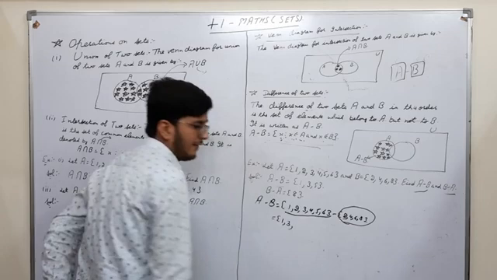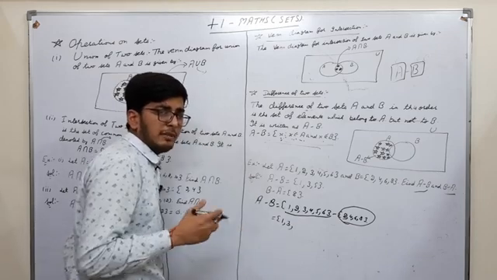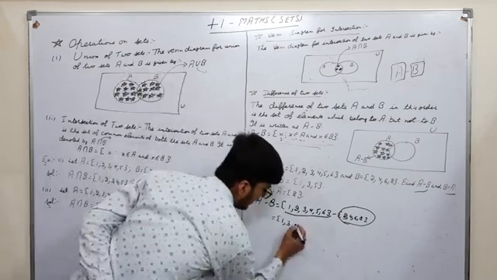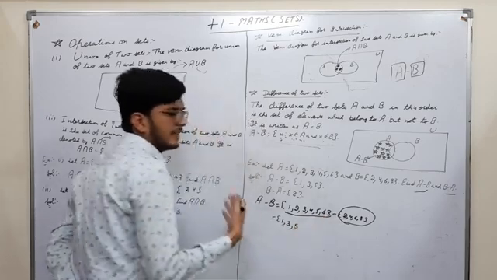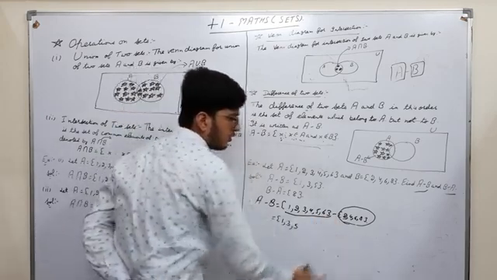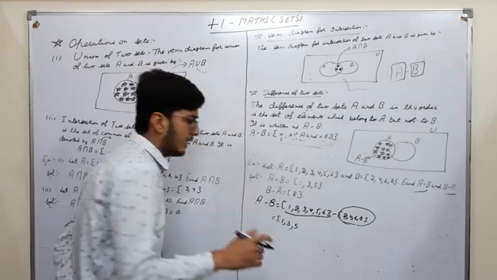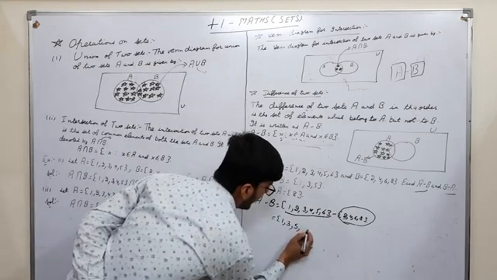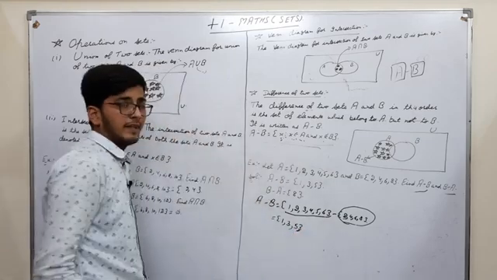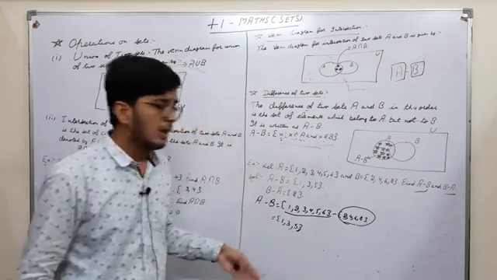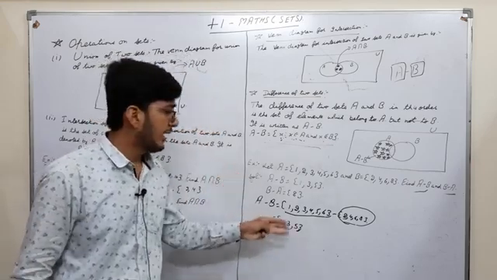Now next 5. 5 is there in A but not in B, so it will be taken in A minus B. Last 6. 6 is there in A and also in B, so in subtraction it will be taken out. So we will be left with 1, 3 and 5. So A minus B equals the set of 3 numbers, 1, 3 and 5.